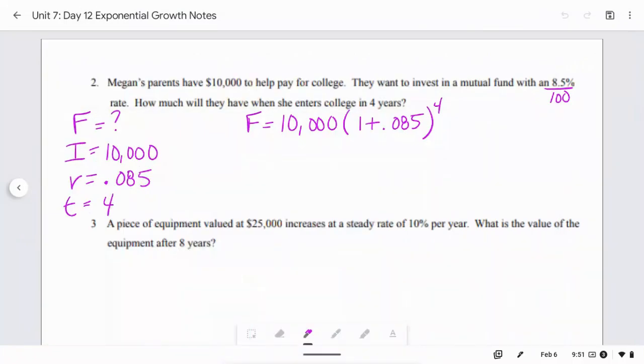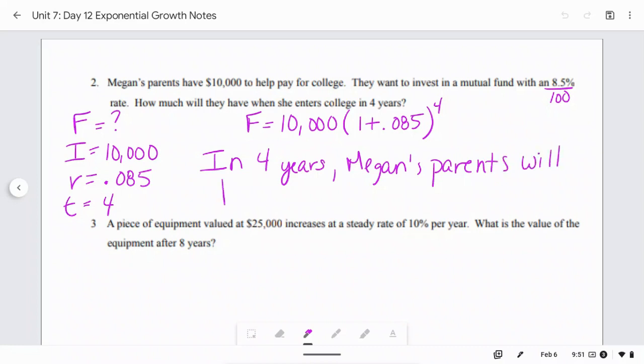So in a sentence, I would say, in 4 years, Megan's parents will have $13,858.59.